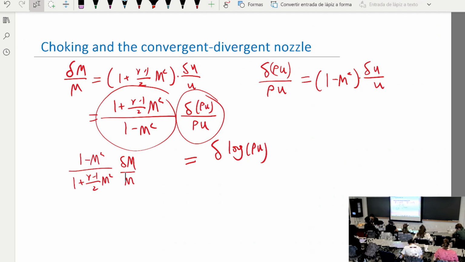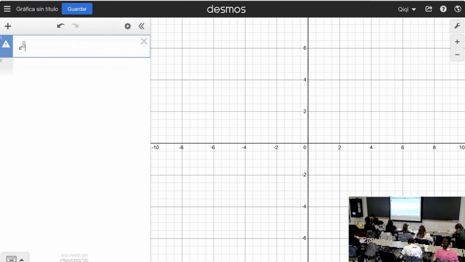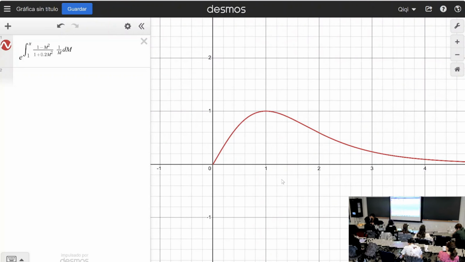This is how log of rho u changes as a function of Mach number. And of course there is an additive constant. So when I take the exponential, the additive constant becomes a multiplicative constant. So essentially, this is the mass flow per unit area of a compressible flow.